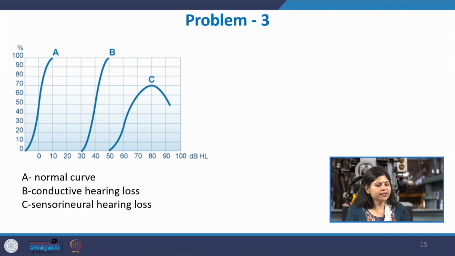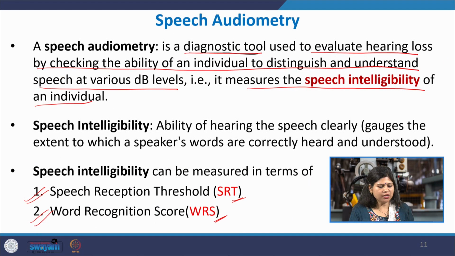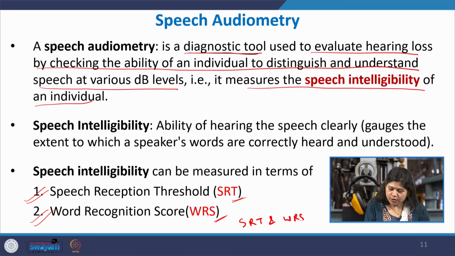Okay. So, if you see here, curve A corresponds to the normal curve, B is the conductive hearing loss and C is the sensorineural hearing loss curve. So, there were two kinds of measures. In speech audiometry, if we have to assess speech intelligibility, we use the speech reception threshold, followed by the word recognition score. So, SRT and WRS are used together.